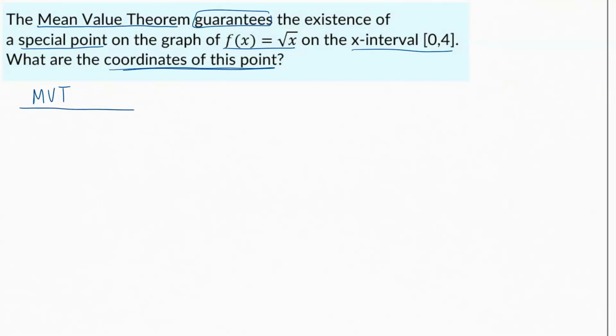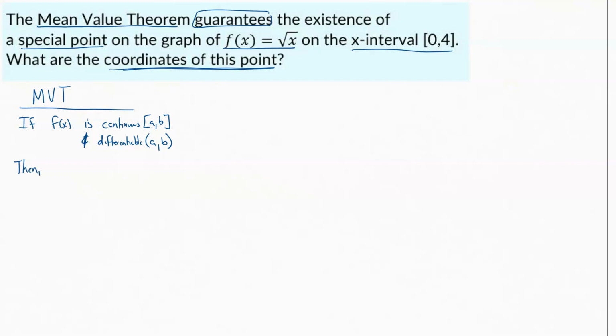The mean value theorem states, if f of x, if your equation is continuous on a closed interval from a to b and differentiable, it's got to be both of these things, differentiable on the open interval a to b, that's an x interval, then you're guaranteed this special point.